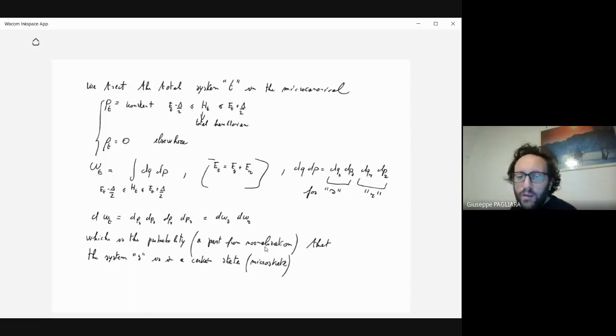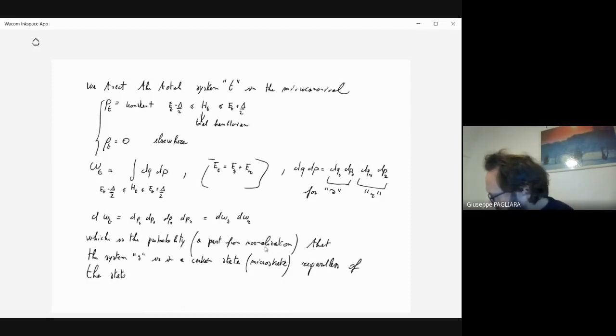This is important: regardless of the state occupied by the reservoir.